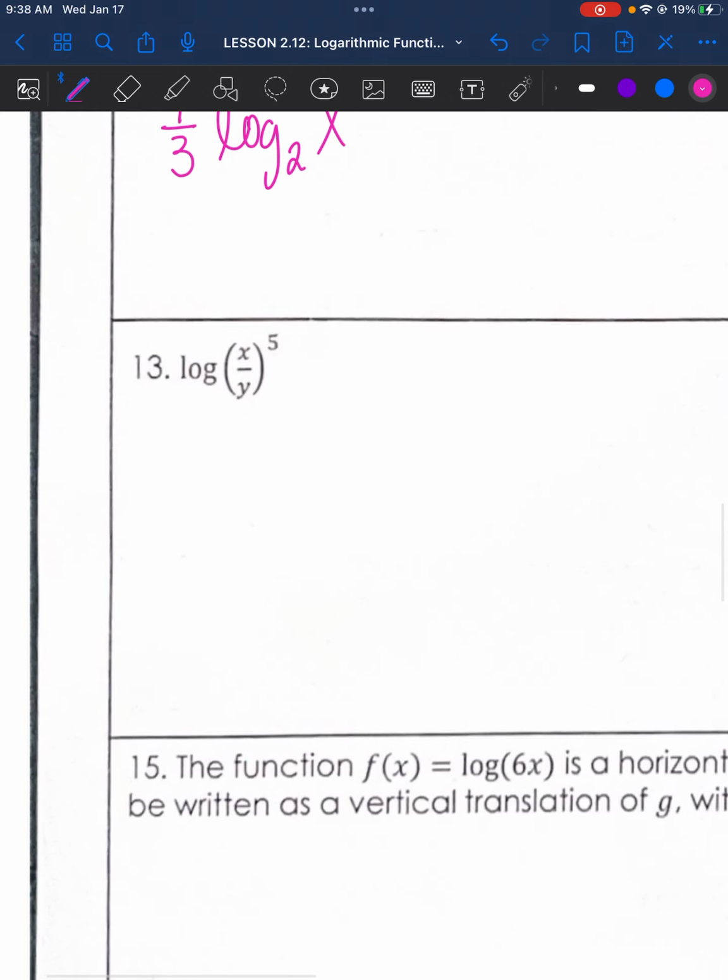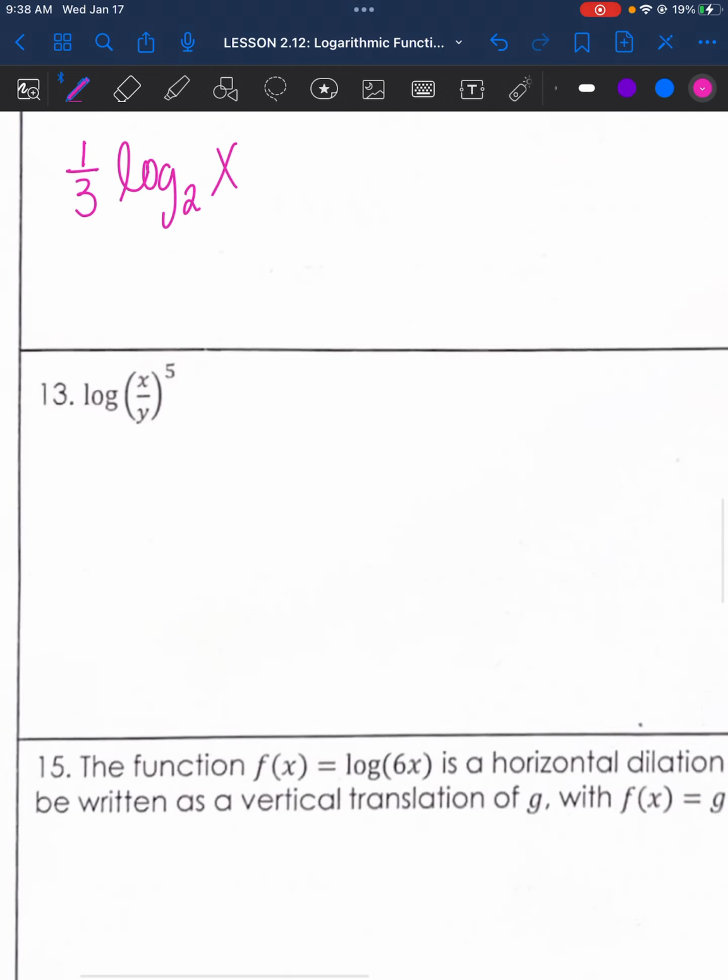Number 13 is a little tricky because this exponent is out here, outside of the parentheses. So I have to move it first. So 5 log of x over y.